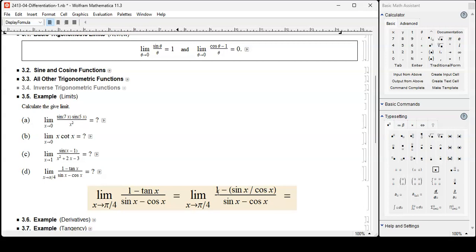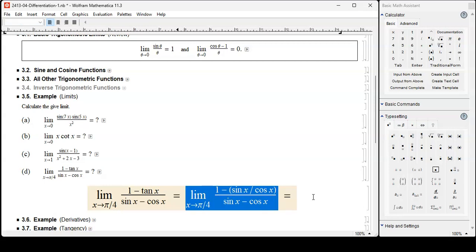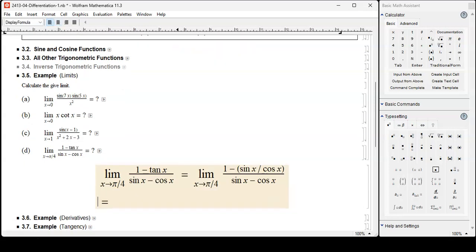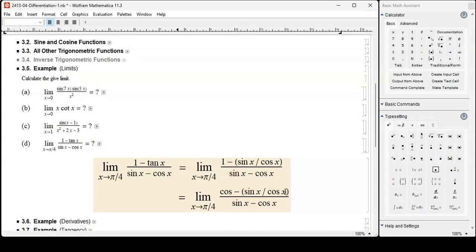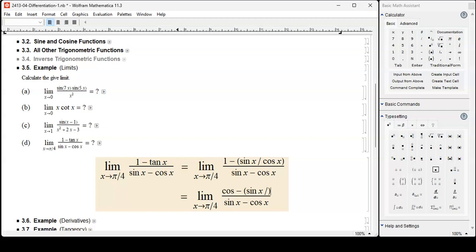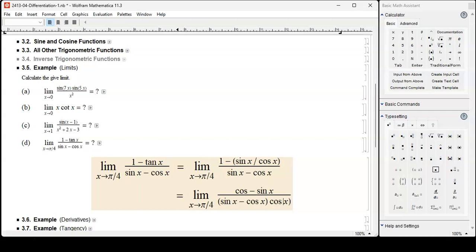Multiply both by cosine. Multiply each by cosine, and then this denominator will be gone. And then I have to multiply by cosine. What do you think? Did I do this right?